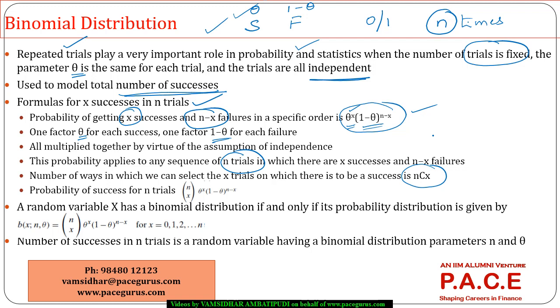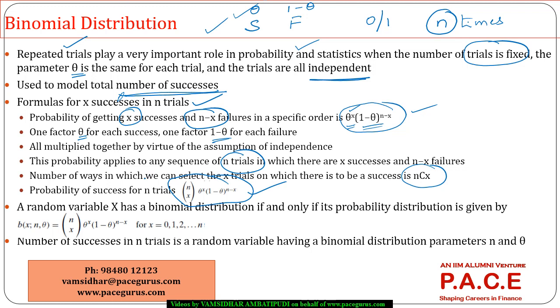So overall the probability of x successes in n trials is nothing but nCx times theta to the power x into 1 minus theta to the power n minus x. This is the probability distribution associated with a binomial distribution.